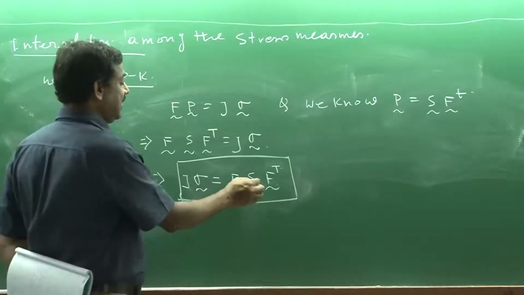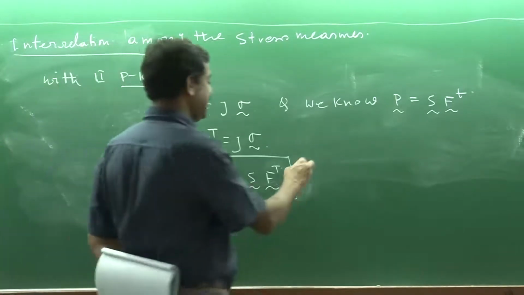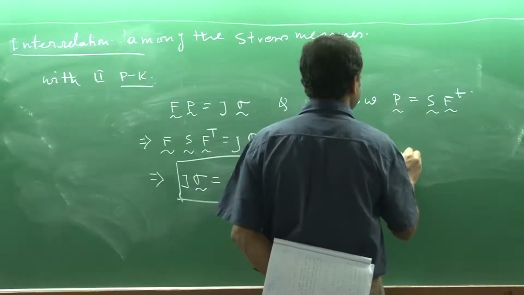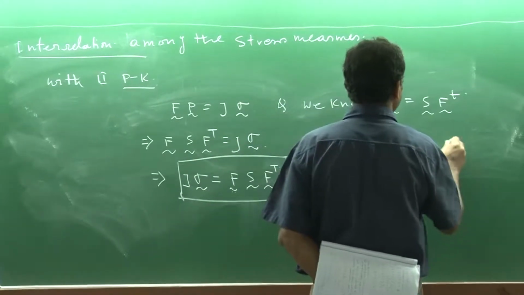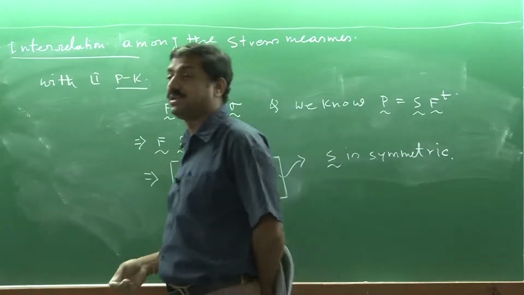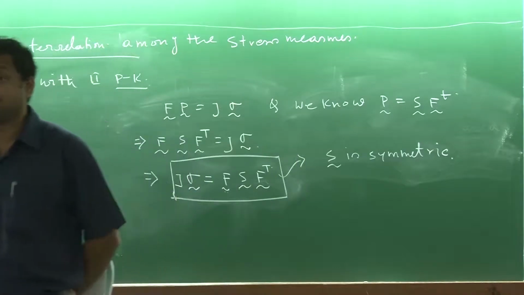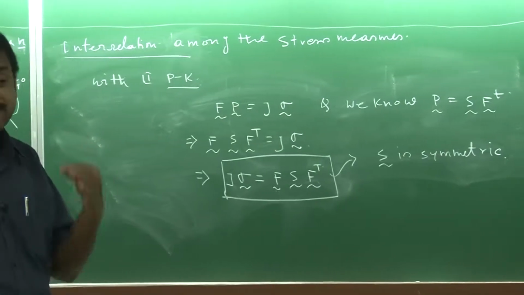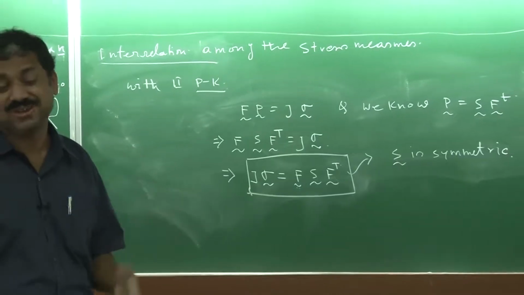That is why the first Piola-Kirchhoff stress tensor was abandoned and the second Piola-Kirchhoff stress tensor was accepted, because the second Piola-Kirchhoff stress tensor regains the symmetry of the stress tensor.